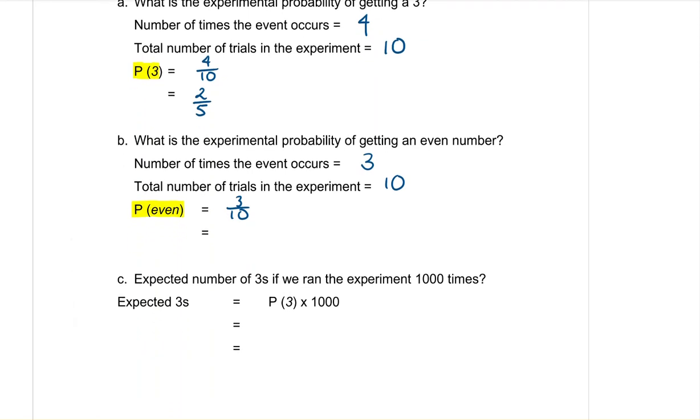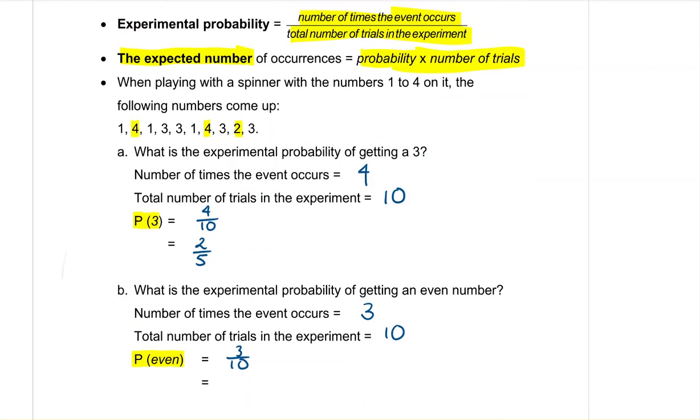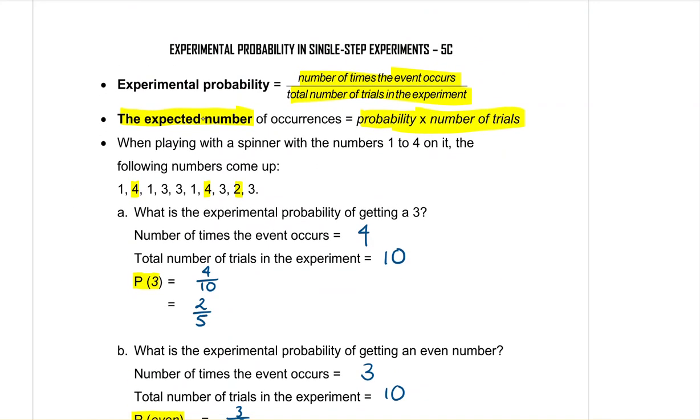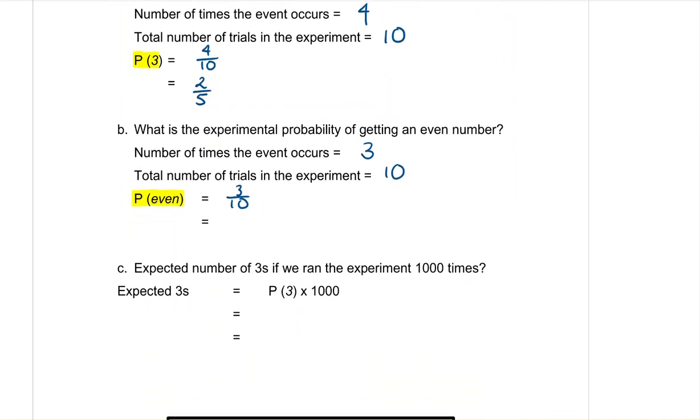Okay, part C. We want to know the expected number of 3s if we ran the experiment 1,000 times. So this is that second formula that I was talking about up here at the top of the page, the expected number, which is the probability times the number of trials. So it's written here again for you. Expected number of 3s is going to be the probability of getting a 3 times the number of trials, which we know was 1,000 for this question.